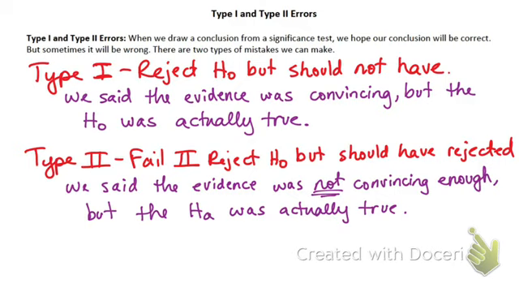The probability that we make a type 1 error is equal to the significance level. So when we have a significance level of 5%, that means we have a 5% chance of rejecting the null hypothesis when we should not have done that. Okay? 5% is our main alpha that we use.